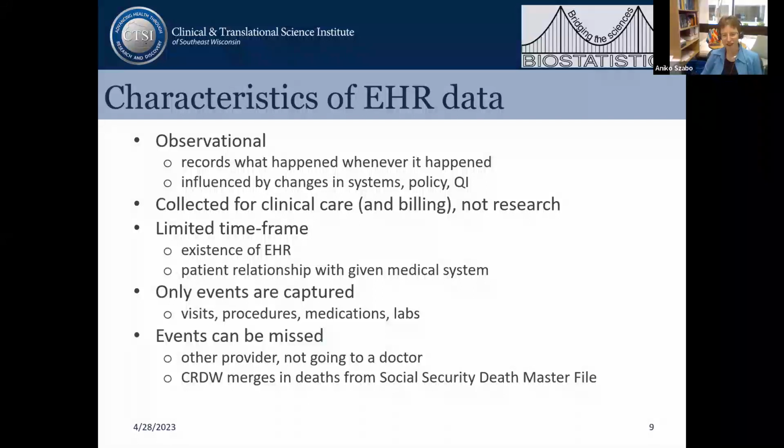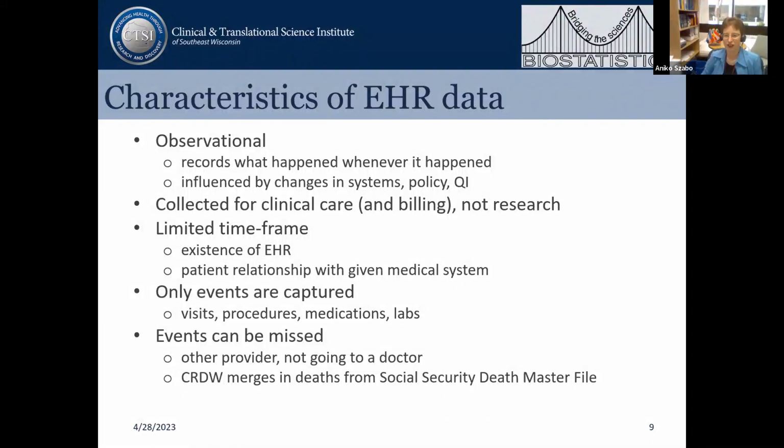So more generally, some of the characteristics of EHR data that make it hard to work with are, first of all, it's always observational. It records what happened, whenever it happened, and we have no influence over asking things to get measured. And it's also really changing over time.